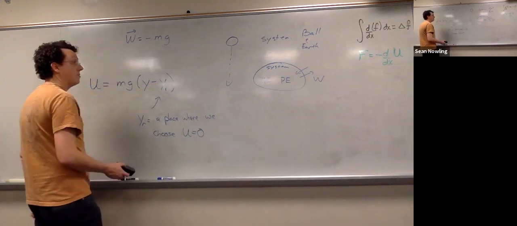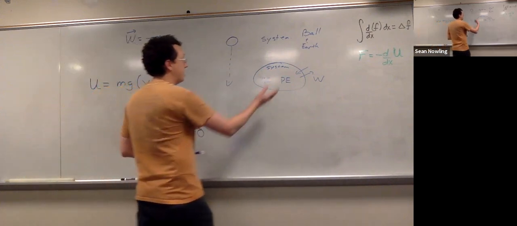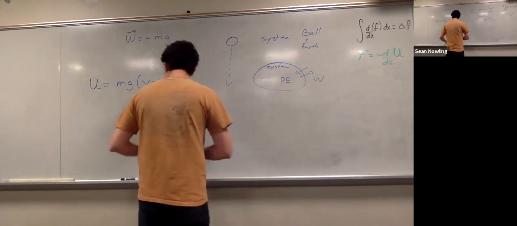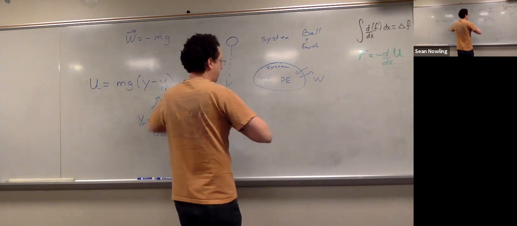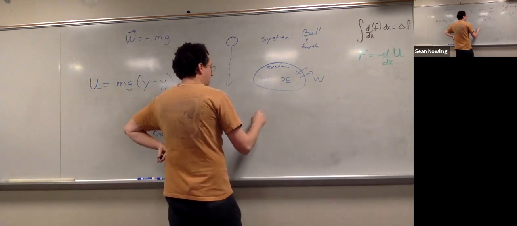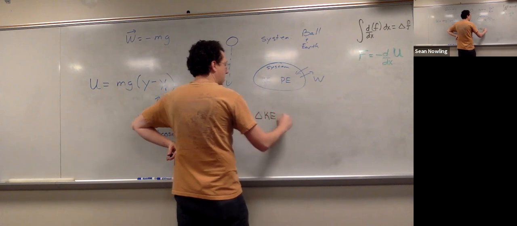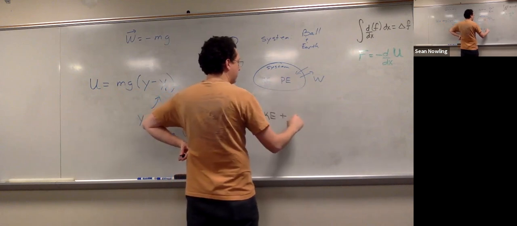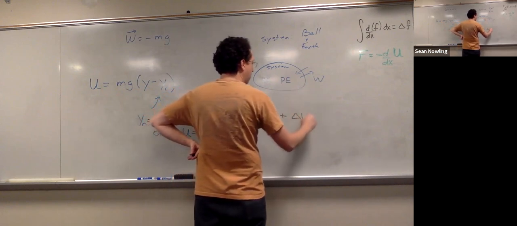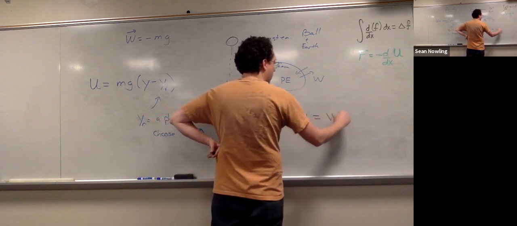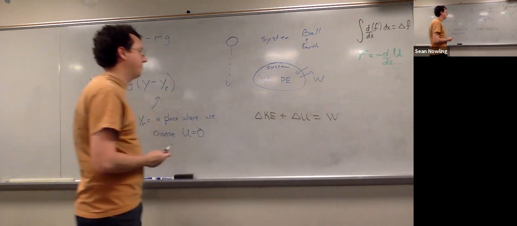So let's see how this works. I want to set up my work energy theorem now as change in kinetic energy plus the change in potential energy, call that delta U, equals the work done on my system.